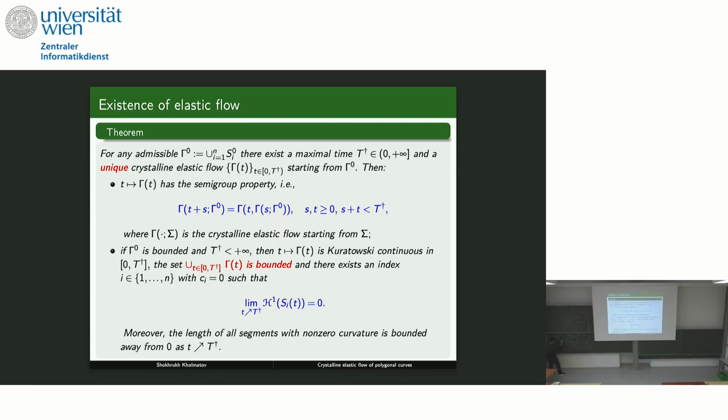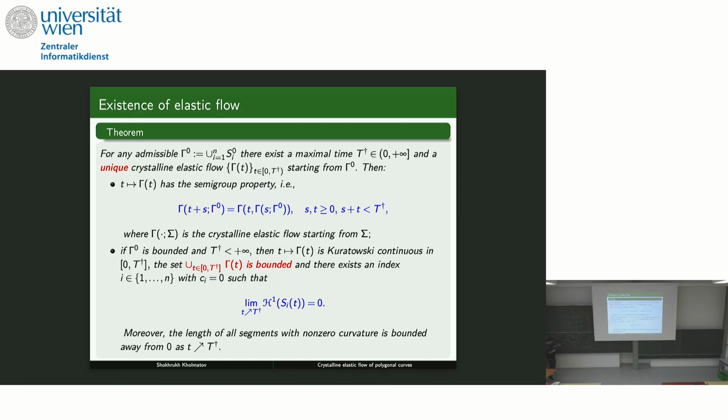An interesting thing is, after disappearance, my polygon still remains admissible, still admits the same Cahn-Hoffman vector field, same stuff. I can compute curvature and so on. So even if some segments with zero curvature disappear, I end up with a polygon which is admissible.